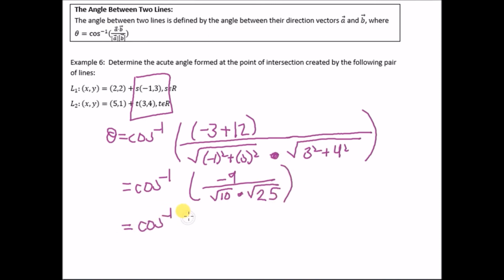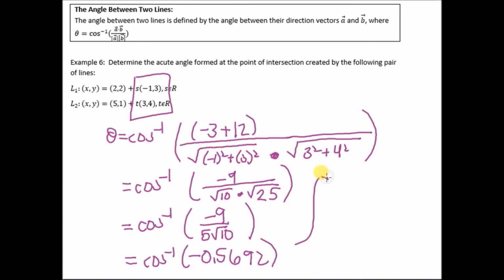So cos inverse of 9 over 5 root 10. If we put that into our calculator, we get the cos inverse of a very small number, 0.5692.